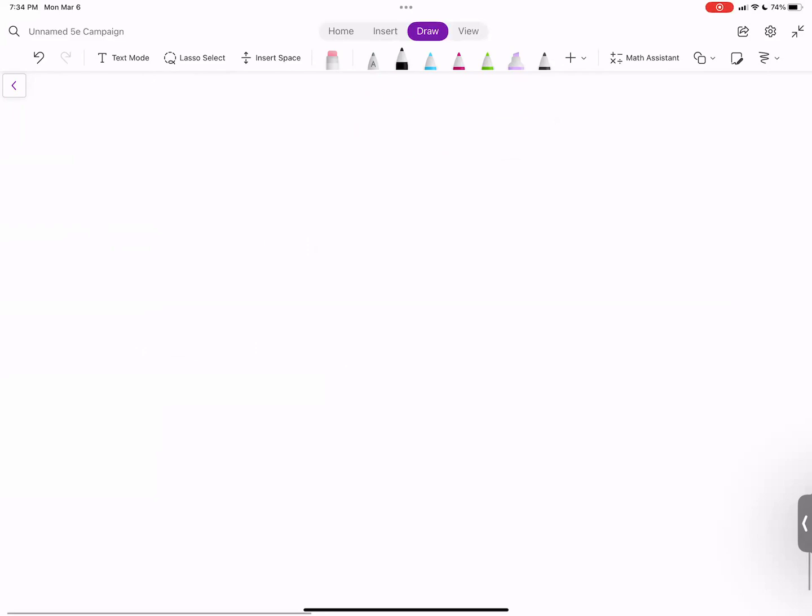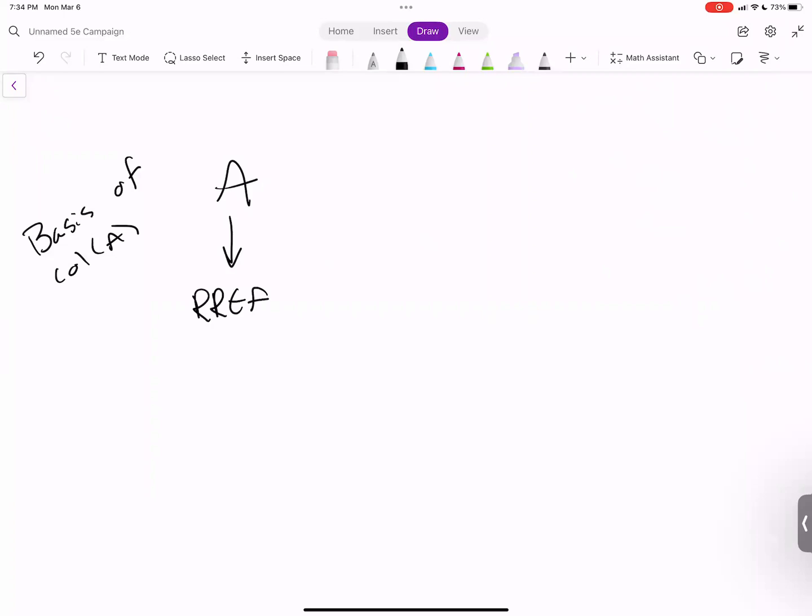We start with A. We don't have to be given a B because it'll be about column space or null space, so neither of them needs a B. If we're looking for a basis of the column space of A, first step, what do you always do? Row reduce. Always, always, always. When in doubt, if you're sitting in a question and have no idea what you're doing, just plug it into a matrix and row reduce.